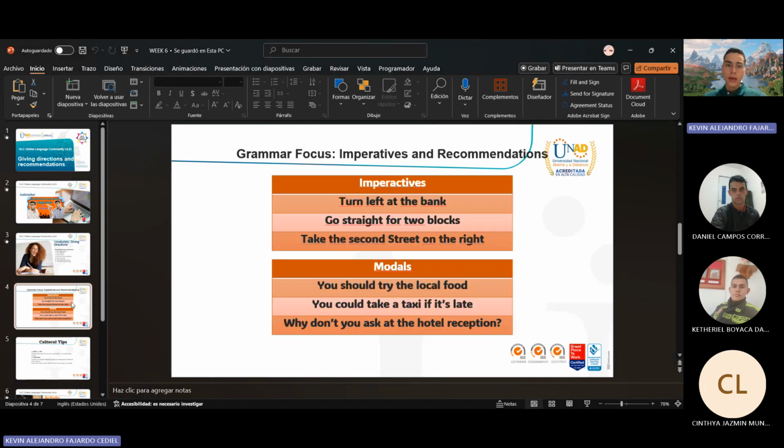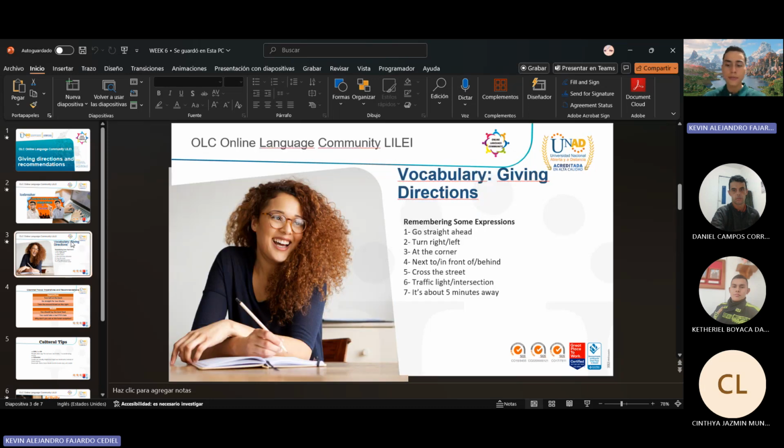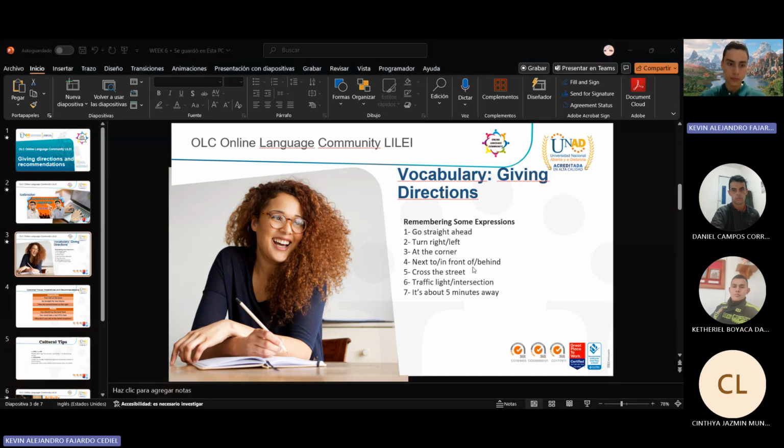So, you have some questions about the vocabulary of giving directions. When can I use traffic light? We use a traffic light when a street has more places where we can cross the street, like three or four intersections, and the traffic light moderates the traffic and tells the people when they can cross the street or when they cannot cross.